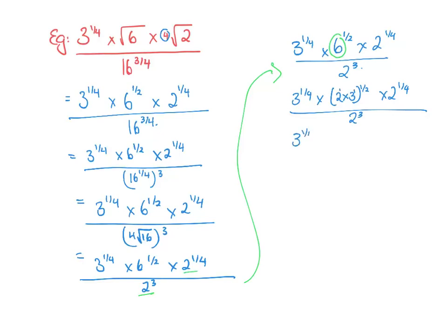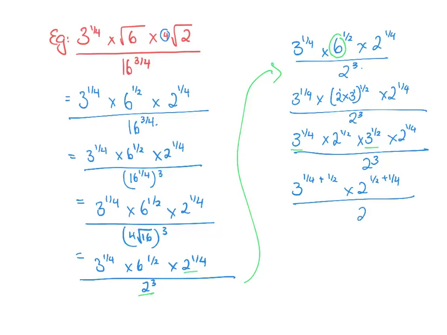So really I get 3 to a quarter times 2 to a half times 3 to a half times 2 to a quarter, so they're all there, over 2 to the 3. Now I have things that are similar bases, so I'll deal with them together. The 3's are the same base, so you're going to have a quarter plus a half, and for the 2's a half plus a quarter, all over 2 to the 3.